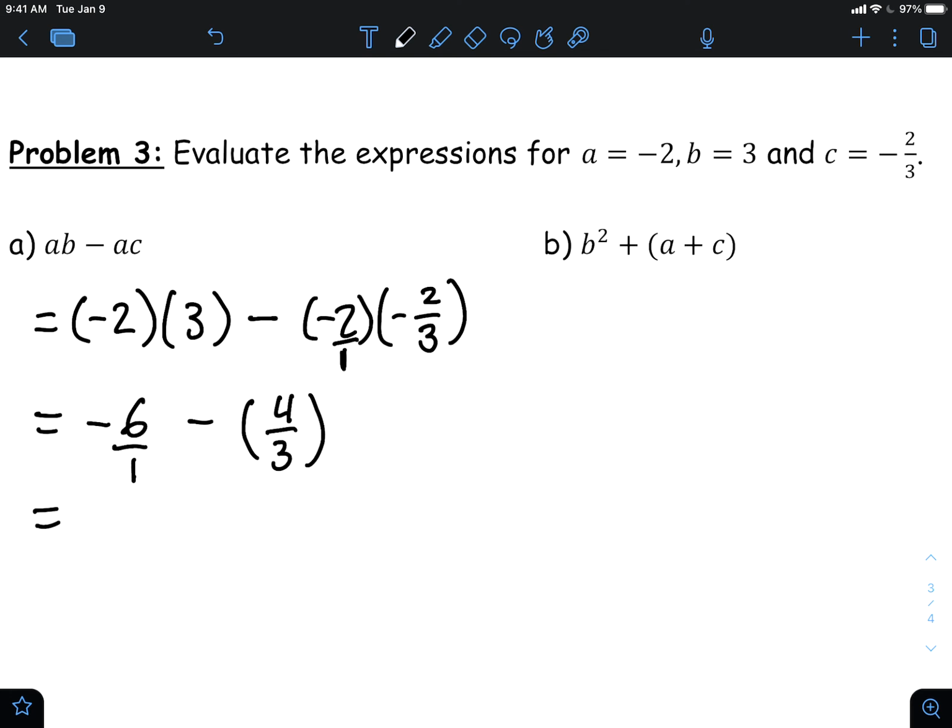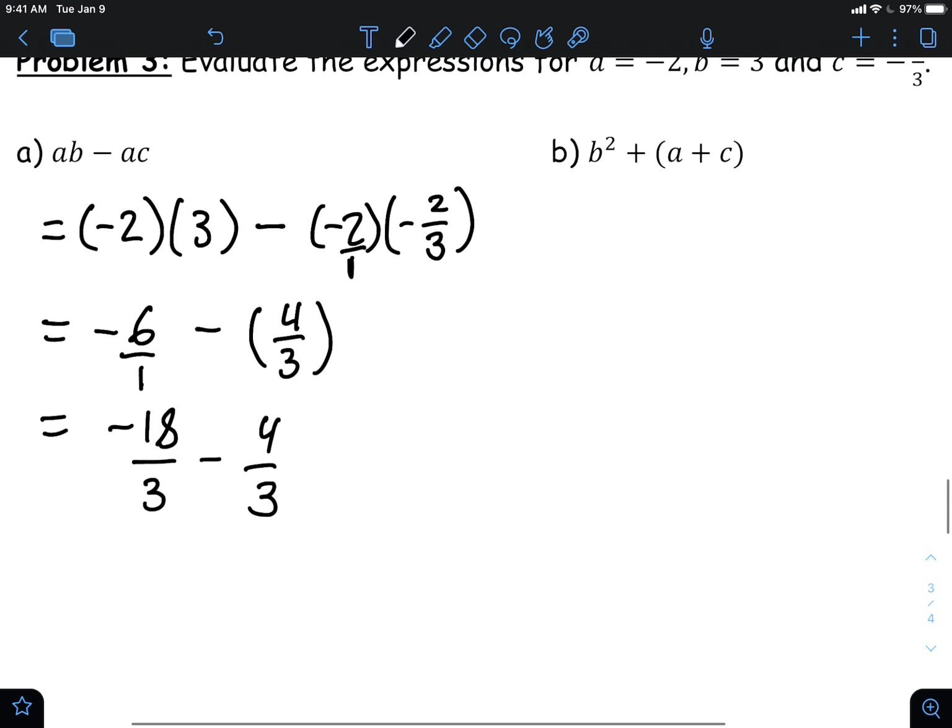So that's good. That leaves us with negative 18 over 3 minus 4 over 3. If we add negative 18 and minus 4, what that gets us is negative 22. So we have negative 22 over 3 as our final answer.